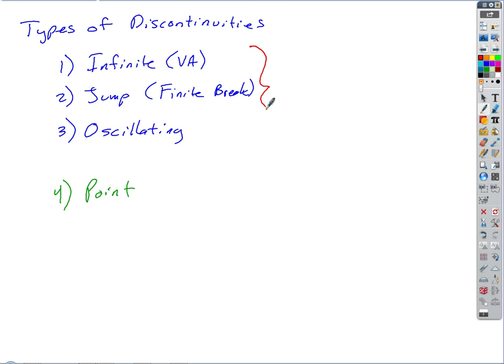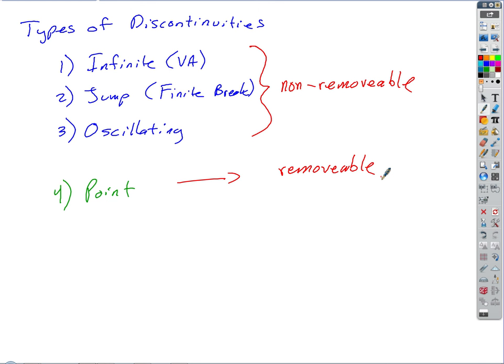All of these top three are called non-removable, and the bottom one is called removable. Here's why. The definition of a removable discontinuity is one that can be repaired by adding or moving a single point. A non-removable discontinuity is one that would require us to redistribute an infinite number of points.